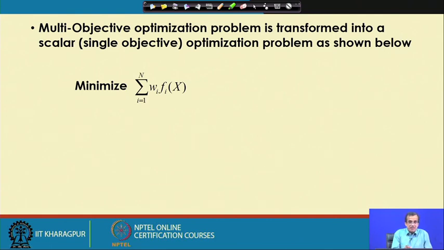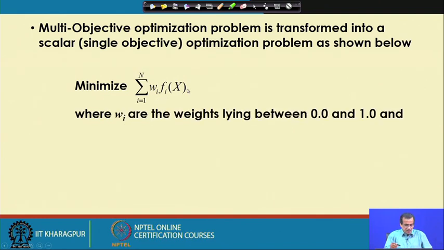The same problem is rewritten in the form of: minimize summation i equals 1 to N, where capital N is the total number of objectives, of W_i multiplied by f_i(x), where these W_i are nothing but the weights lying between 0 and 1, and the sum of these W values, summation W_i for i from 1 to N, is equal to 1.0.